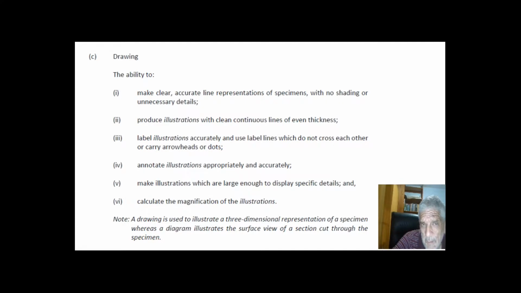Produce illustrations with clean continuous lines of even thickness. Label illustrations accurately and use label lines which do not cross each other. And annotate illustration appropriately and make illustrations which are large enough to display scientific detail and calculate magnification.